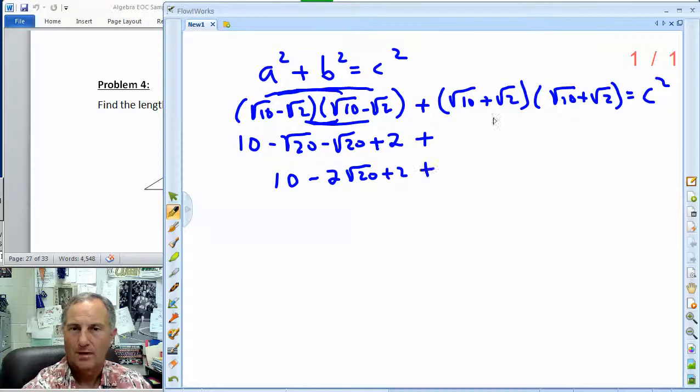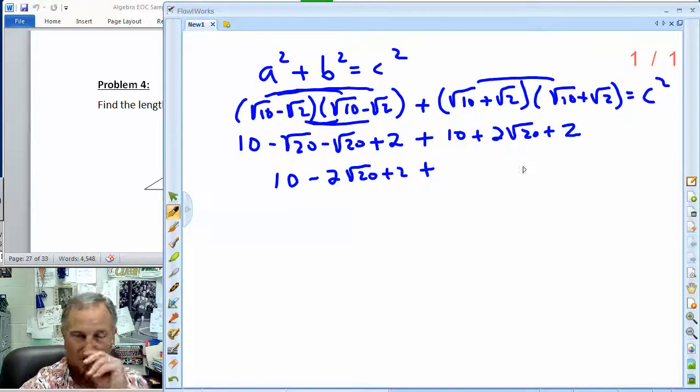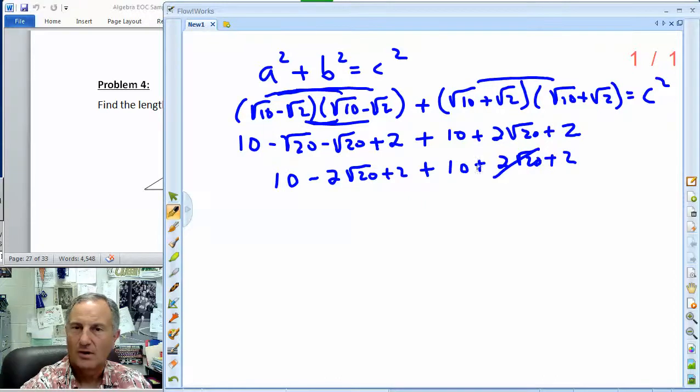Square root of 10 times the square root of 10 is the square root of 100, which is 10. Now we got plus the square root of 20 plus the square root of 20. That's plus 2 square roots of 20. And square root of 2 times the square root of 2 is the square root of 4, which is 2. Okay? So we've got 10 plus the 2 square root of 20 plus the 2. These two cancel, plus minus. 10 plus 2, 10 plus 2, 12 plus 12 is 24. That's equal to c squared.